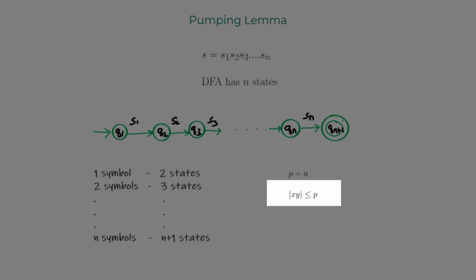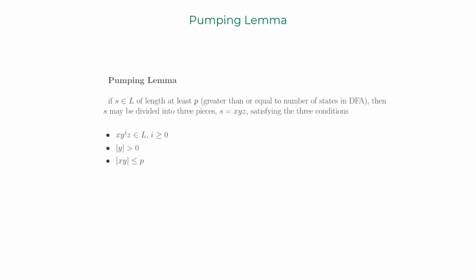Hope this gave you insight about what this line actually means in the pumping lemma. Putting these three properties together, here is the pumping lemma. If you understand the concept of the pumping lemma, then applying it while proving a language is non-regular comes intuitively. We shall look at several examples later to solidify your understanding.